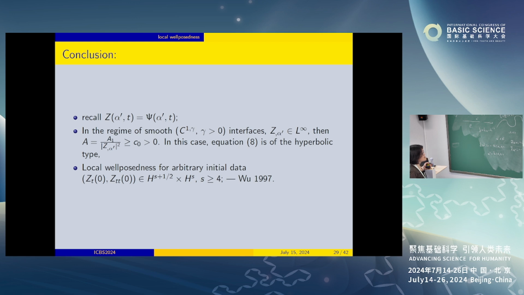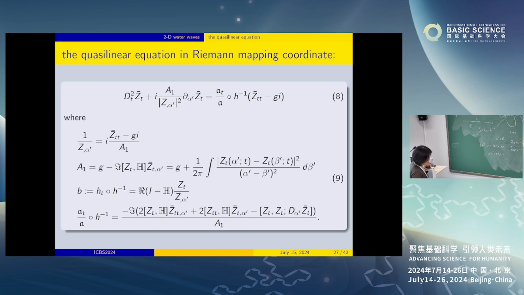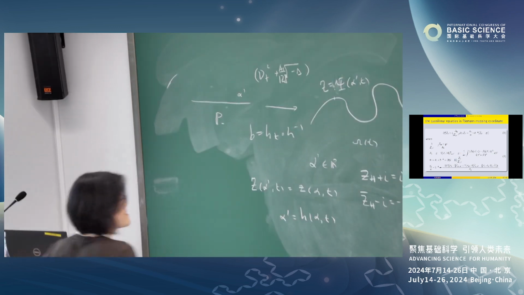Okay, so this is how we did the local well-posedness, and this is the equation. Because 1 over Z_α has a positive lower bound, this coefficient is strictly positive, and it multiplies a positive operator. So I should really put A1 over Z_α squared here. Okay, so everything's fine here.